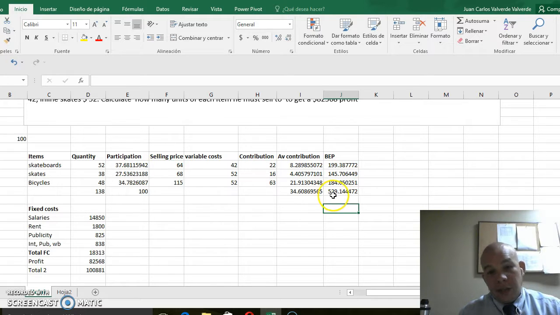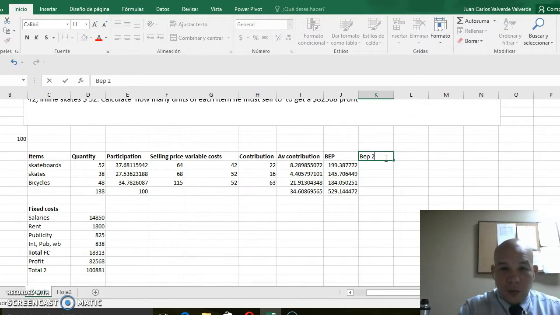When we sell 529 items, we are not suffering any loss, but we're not making any profit either. So if we want to make a profit, we use the break-even point number 2 with a profit included.